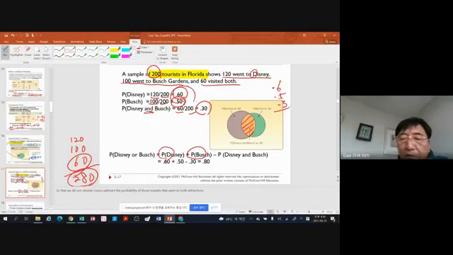Even the first two, when you add up, are bigger than 1.1. So you need to subtract, because this area, the joint probability, is calculated twice. When you add up, the probability that people go to Disney or Busch is 0.8. So what happened to the remaining 0.2?